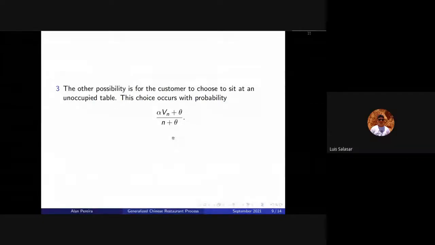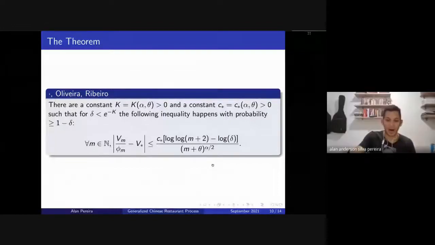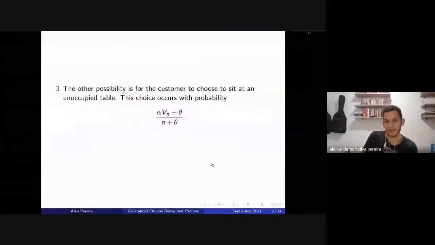Okay. A question about the range of the parameters alpha and theta. Is theta positive and alpha positive also? Alpha is positive, and theta has to be bigger than minus alpha. Okay.